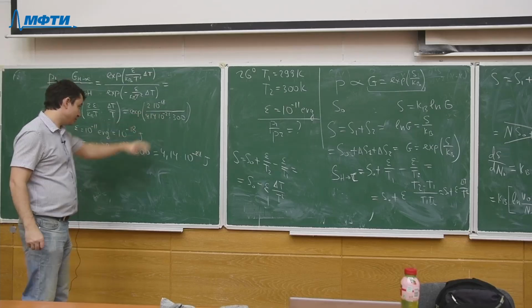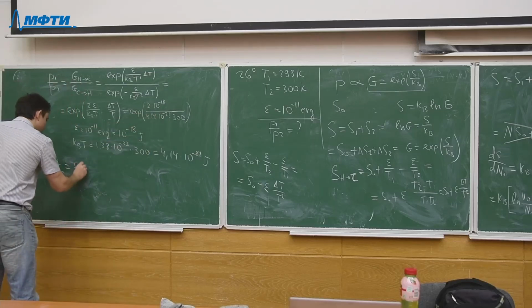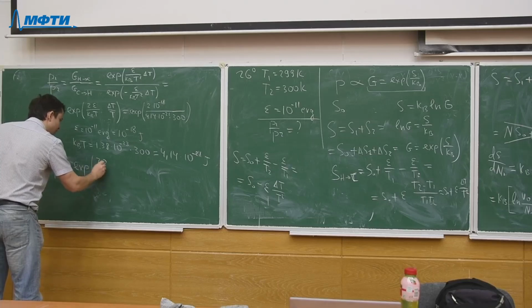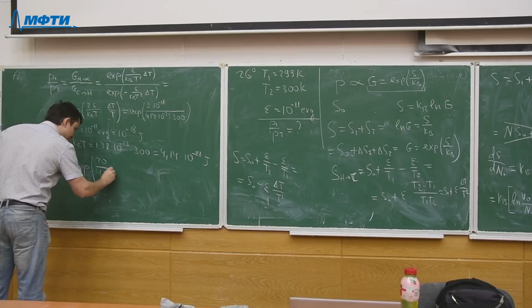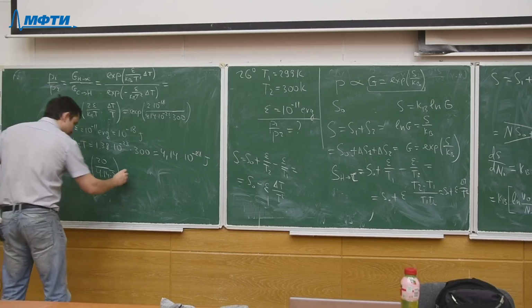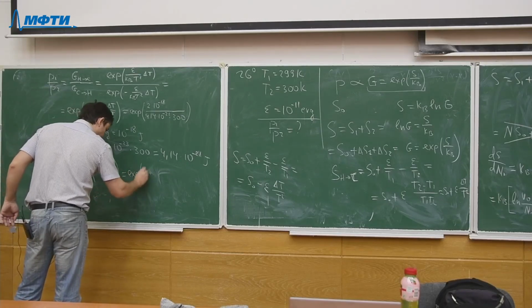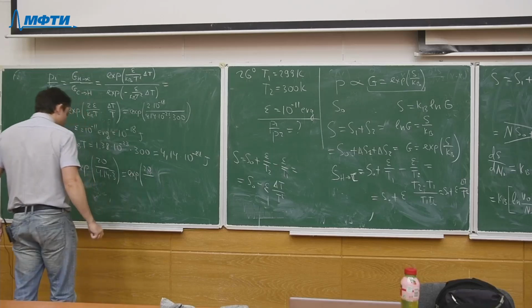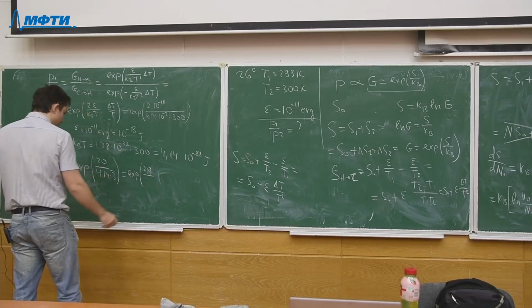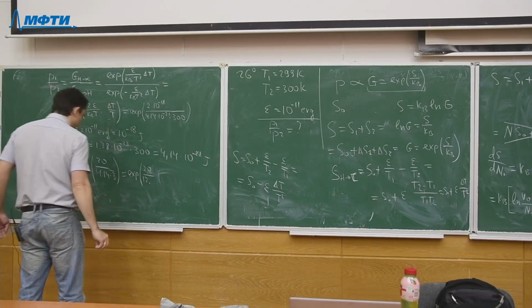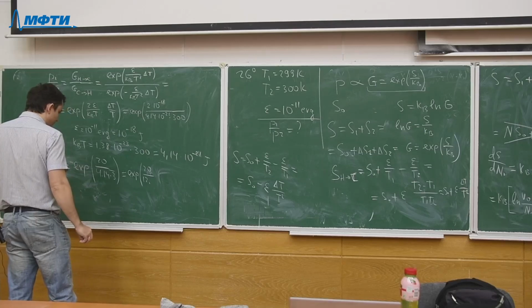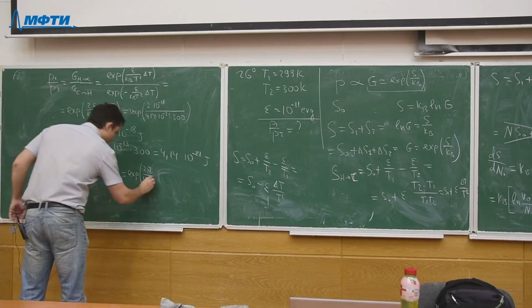So that would give me exponent of 20 over 4.14 times 3. So that would be exponent of 20 over 12.42.